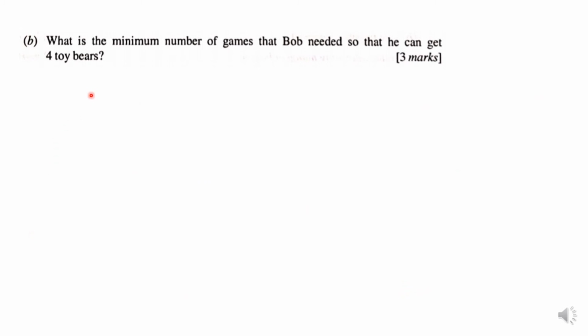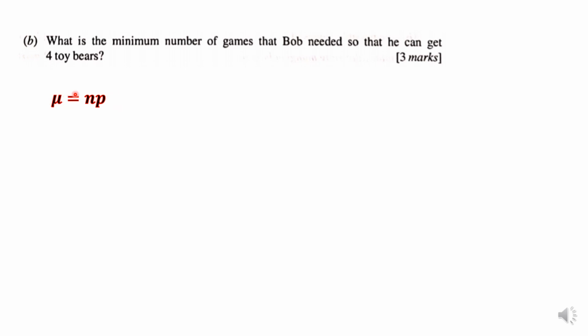For part B, what is the minimum number of games that Bob needed so that he can get 4 toy bears? Okay, for this question, we use the formula mu equals np. n is the number of games and p is the probability that we got just now for 3 darts, which is 0.343, and mu is the 4 toys.